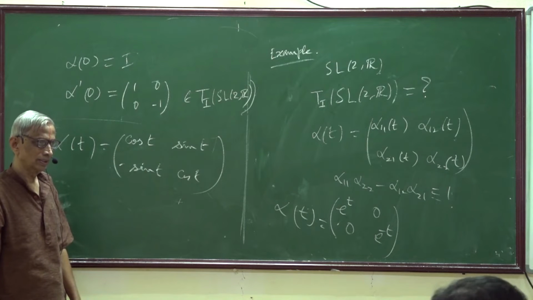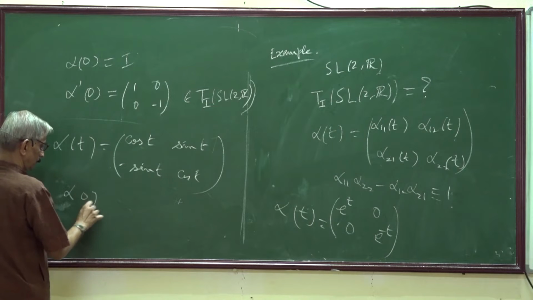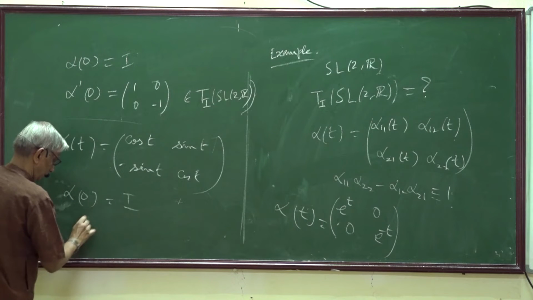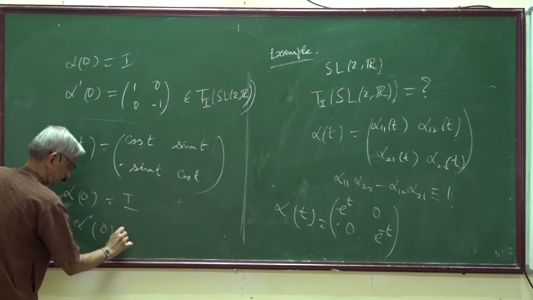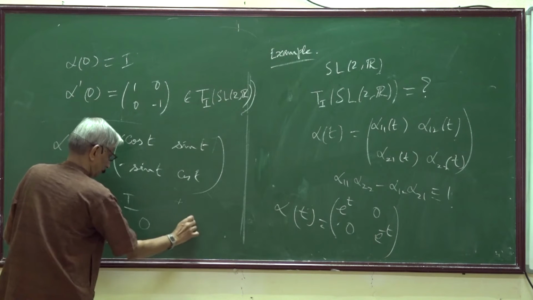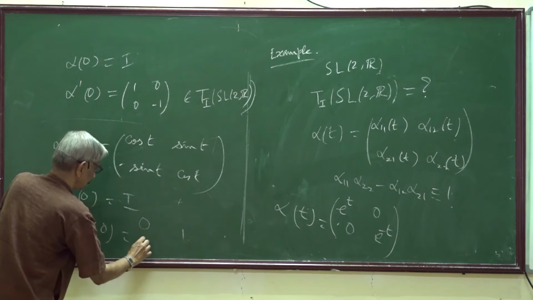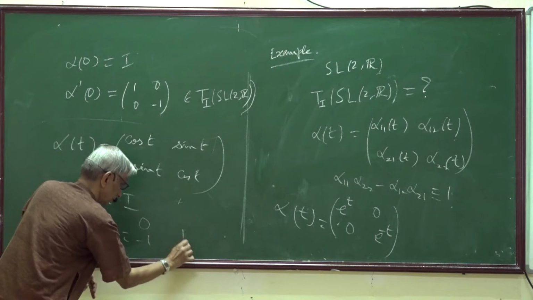Then alpha prime 0 is what? 0, 1, minus 1, 0. Is that right?